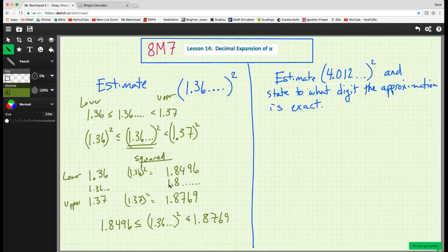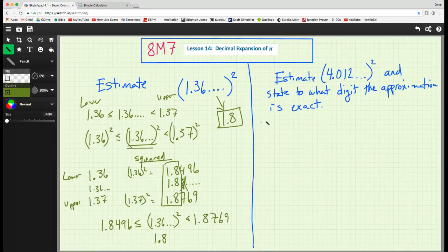So I can fill in this 1 and this 8, but I can't fill in any more. So I'm going to estimate that at 1.8. Does that make sense? I can't put a 4, a 5, or a 6 here because I don't know what digit it is. But I do know that if it's between these two numbers, these digits will hold.